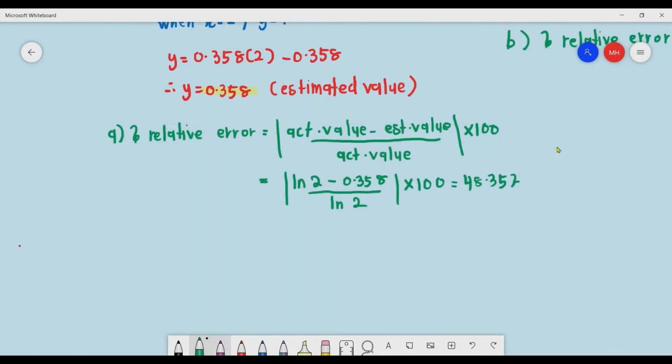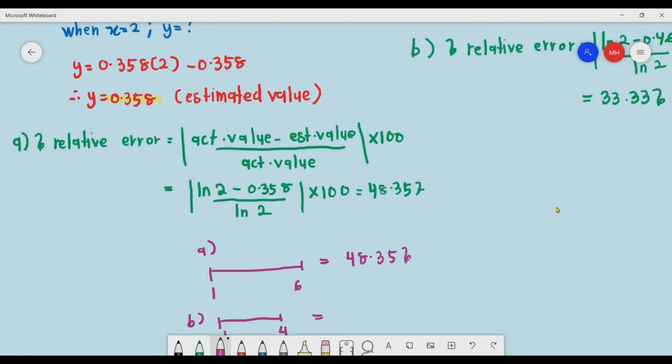For A, the interval is from 1 to 6, and the percentage of relative error is 48.35%, and for B, from 1 to 4, the percentage error is 33.33%. So we can conclude that using a shorter interval will reduce the error.